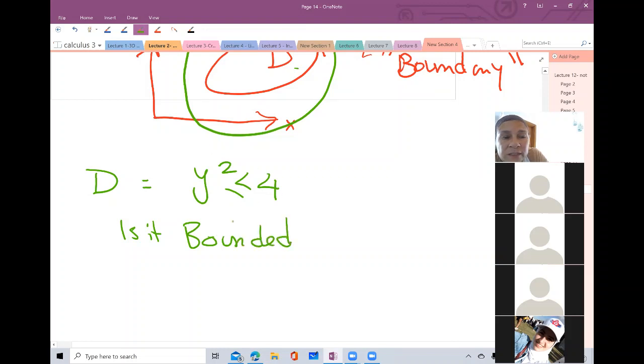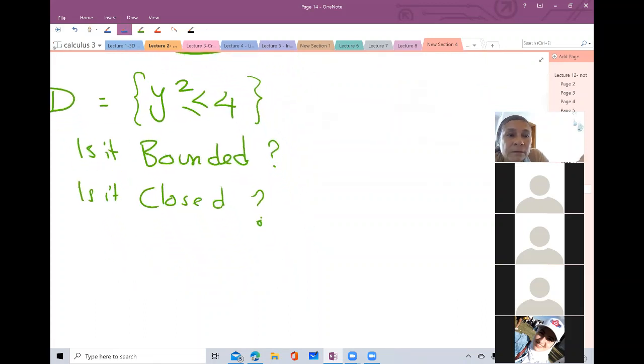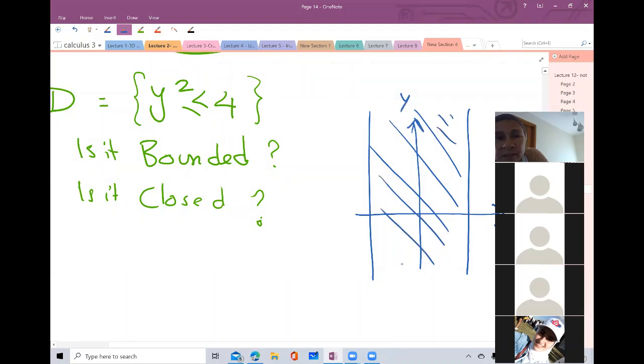Can you define a disk containing all these points or not? Just by looking at my set of inequalities, can you put all the points between these two lines in some disk?